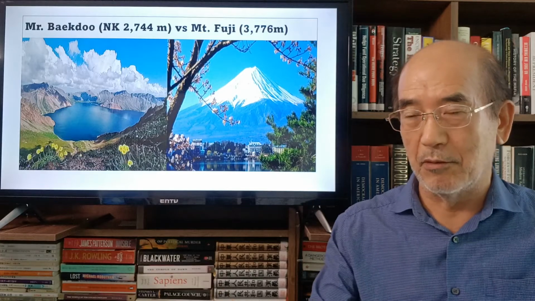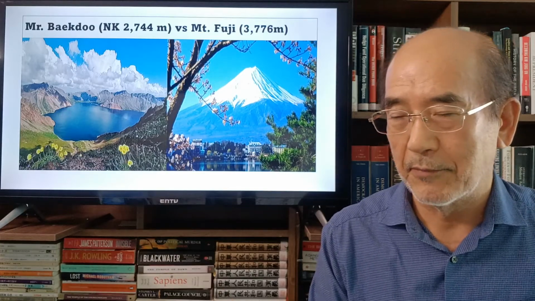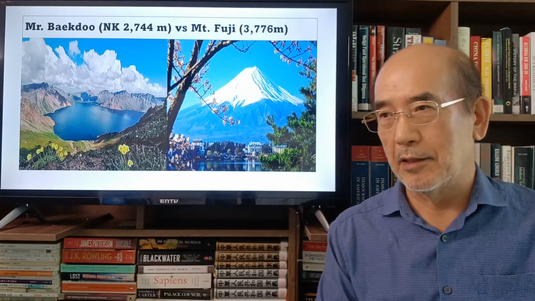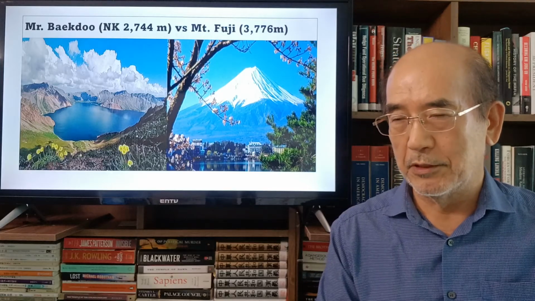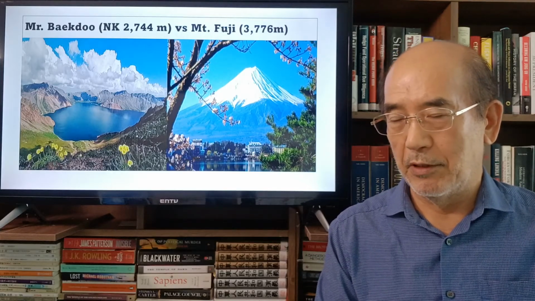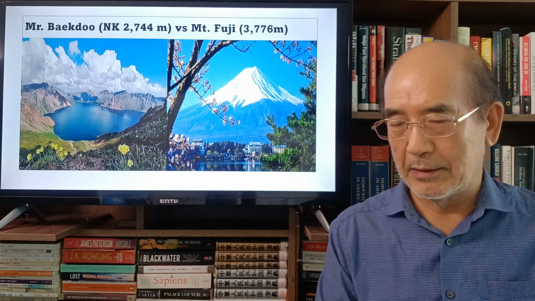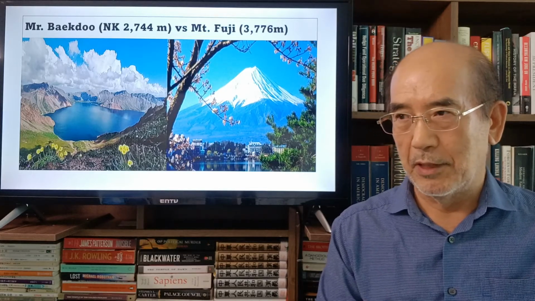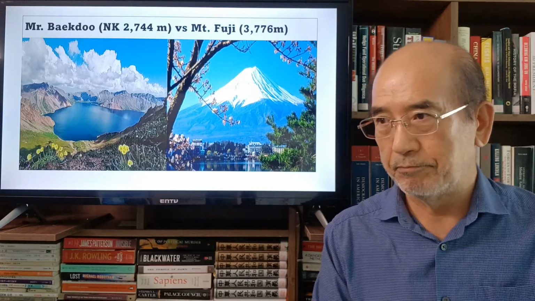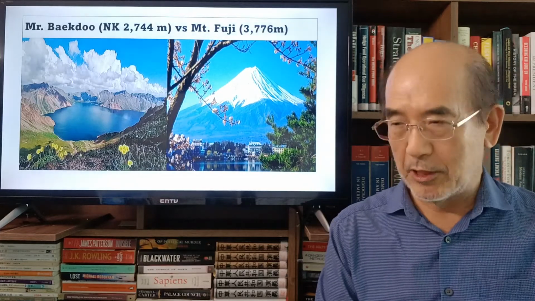Actually, it has a huge pond on the top of it, and the right side is Mount Fuji, which is a very sacred entity, an object of almost worship for Japanese people.